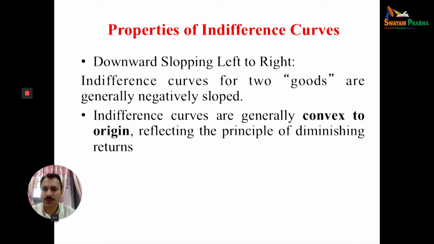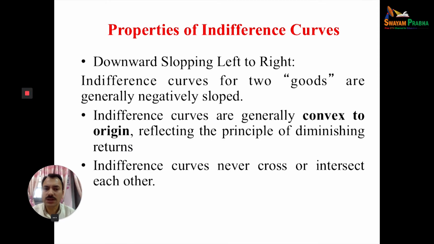The second property is that indifference curves are generally convex to the origin. There are exceptions, and we'll discuss them also. But generally they are convex to the origin, reflecting the law of diminishing returns.